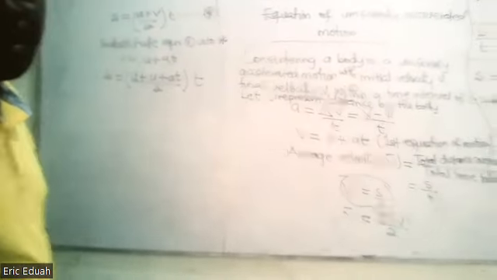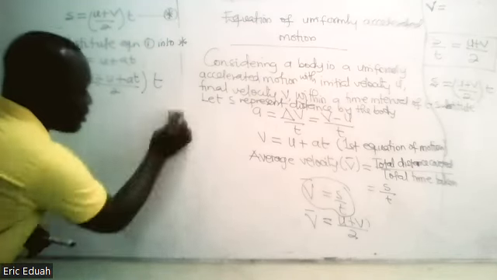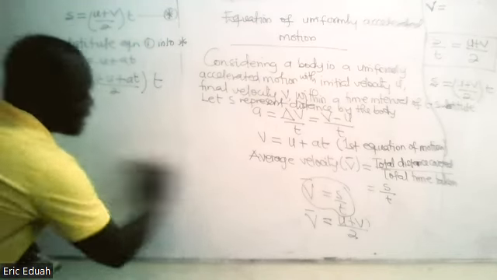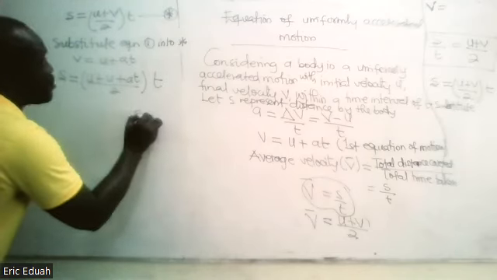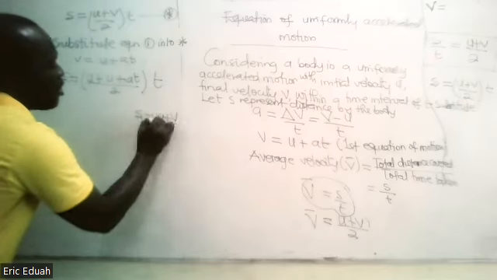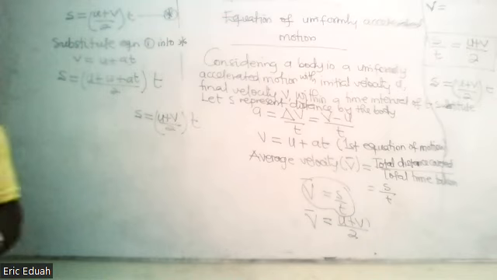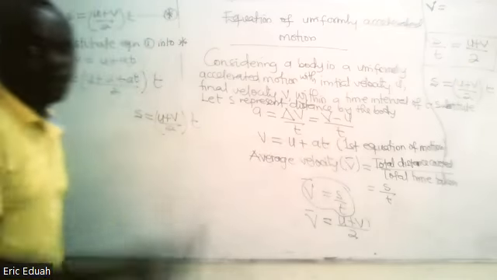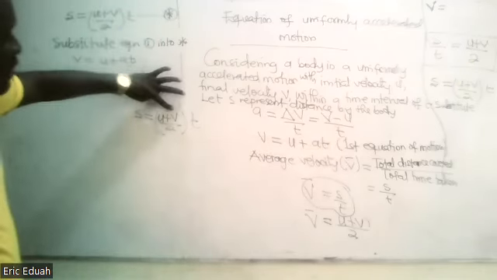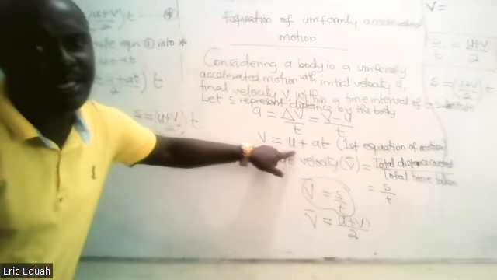No, please. Go over that side again. Let me go over it for the last time. All that we are doing is we have S is equal to U plus V all on 2 times T, and we are substituting equation 1, which is V is equal to U plus AT, into it. Meaning within this equation, wherever we find V, we are going to put this.